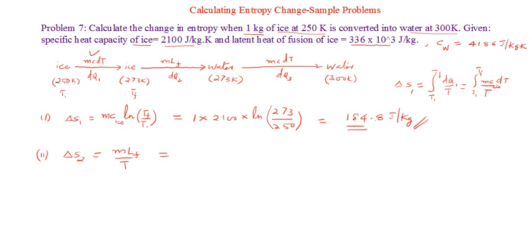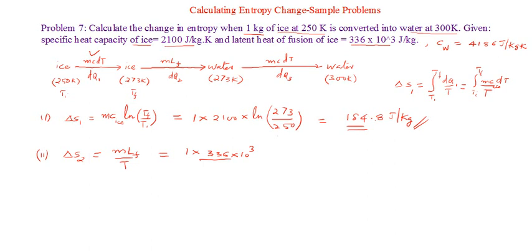So it's equal to 1 into Lf. What is the latent heat of fusion of ice? That is 336 into 10 raised to 3, all divided by T, which means the same temperature is maintained, 273.